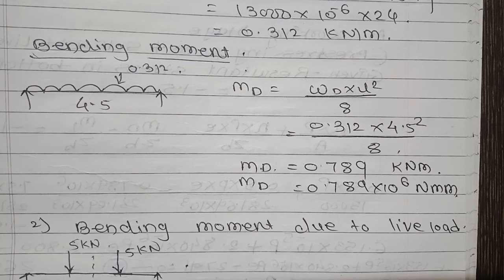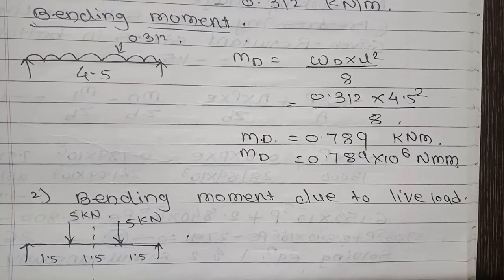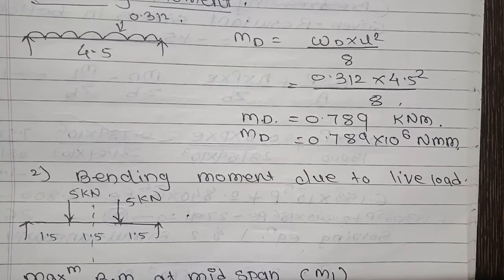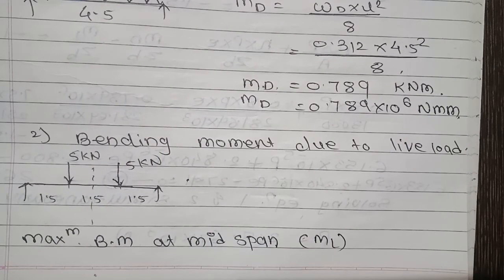We put in the length of the span, that is 4.5 meter square divided by 8. If we calculate on the calculator, we get MD equals 0.789 kilonewton meter. Convert it into Newton mm. That's why MD equals 0.789 into 10 raised to the power of 6 Newton mm. Now second, bending moment due to live load.